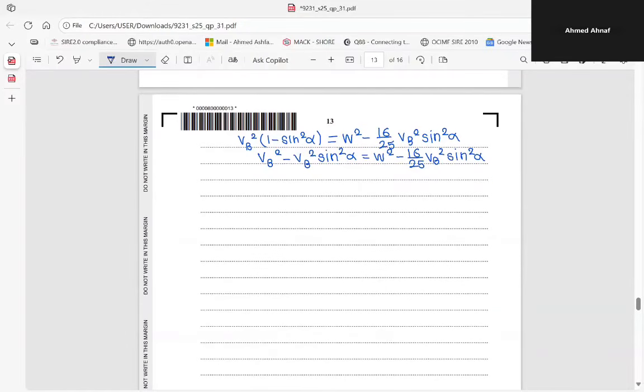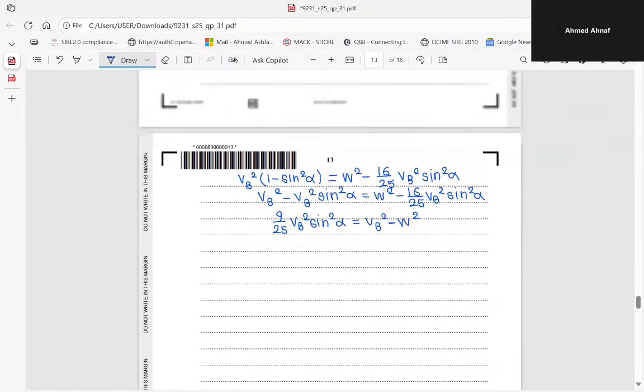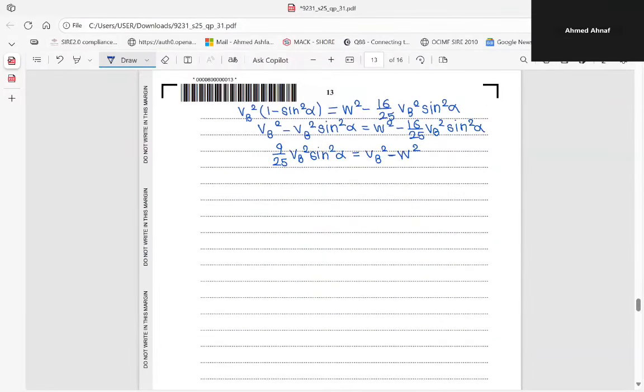Now we're going to move everything to the left-hand side. So this is 1 minus 16 over 25. You'll get 9 over 25 VB squared sine squared alpha equals, we'll move the W squared to the other side, VB squared minus W squared. Right now we can substitute our values for VB and W from the initial values.